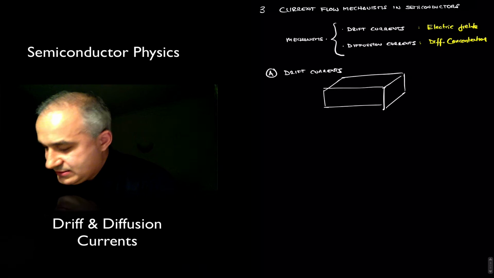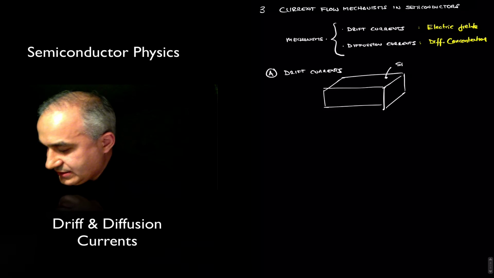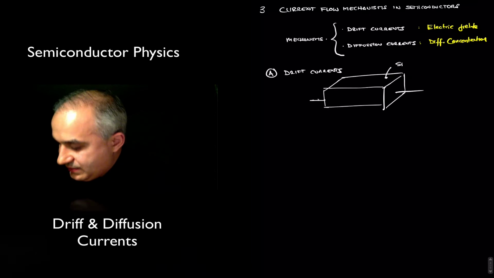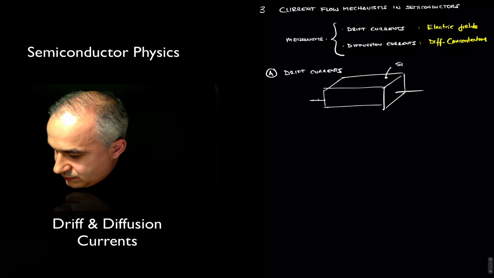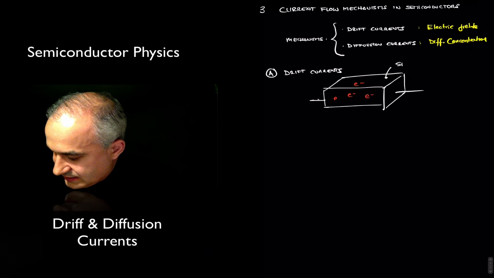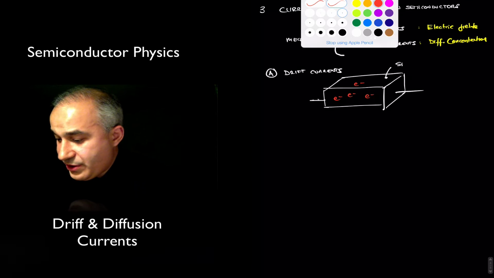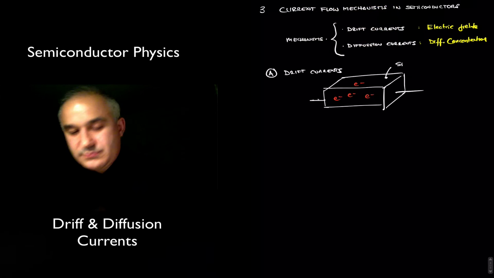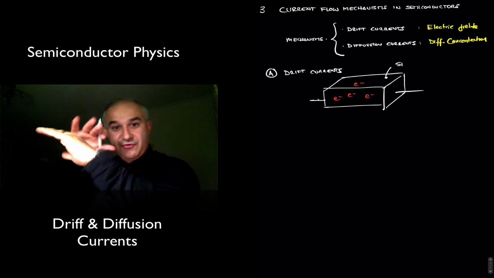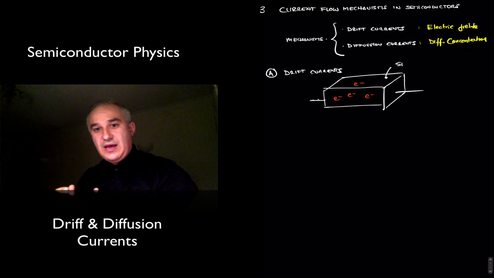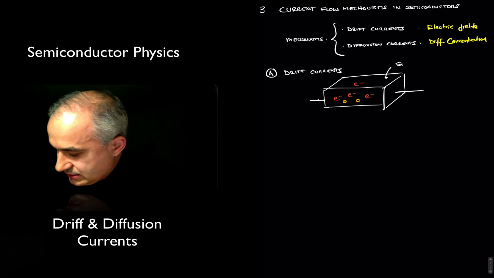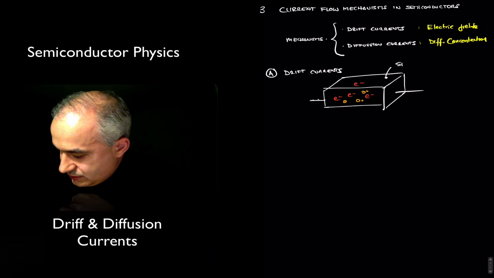If this is a semiconductor material, silicon base, and in the material I have some free electrons inside. These are electrons that acquire enough energy in order to go from the valence band to the conduction band. And you also have holes. I'm going to represent them like this, as positive charge actually.